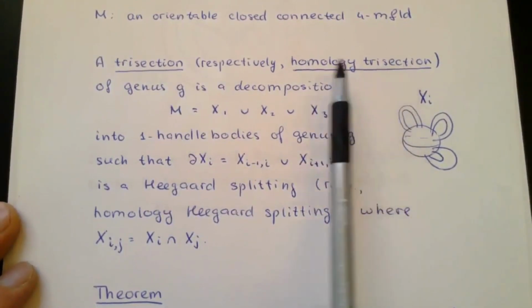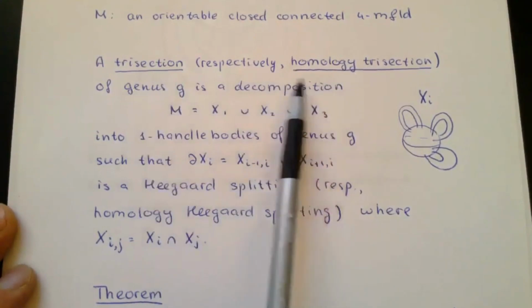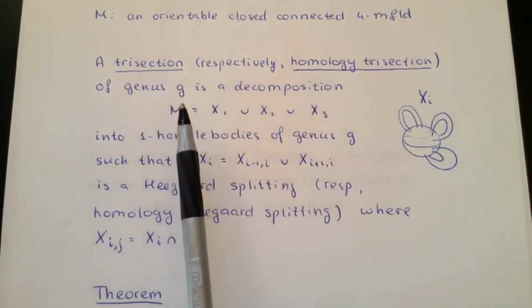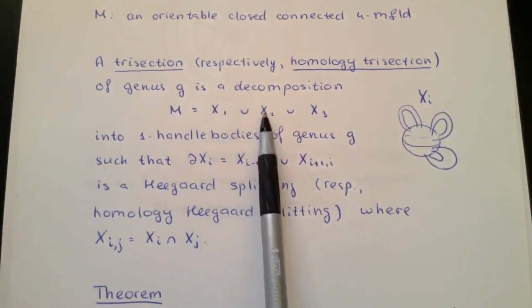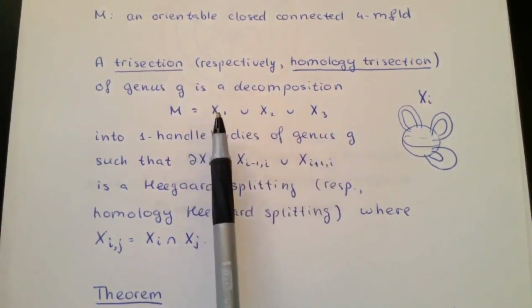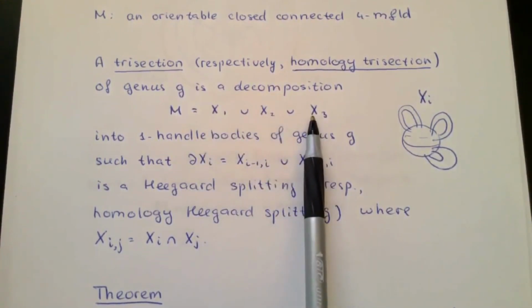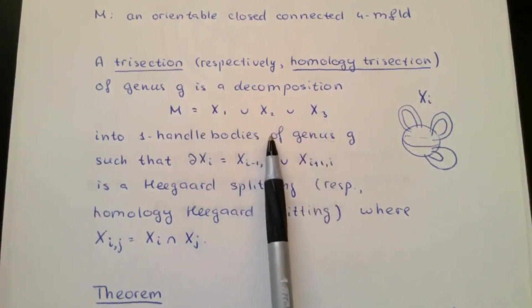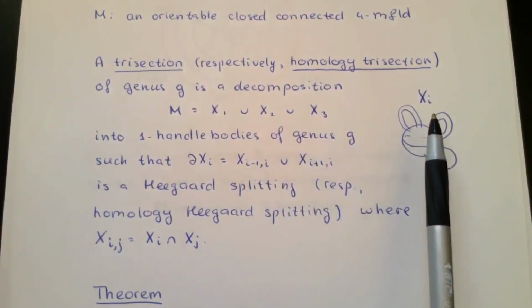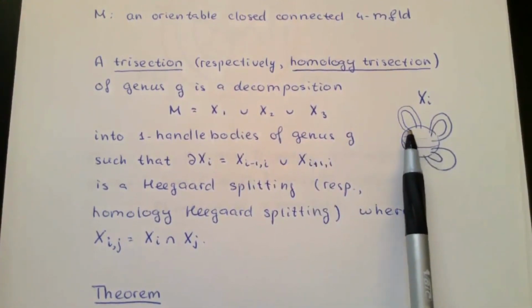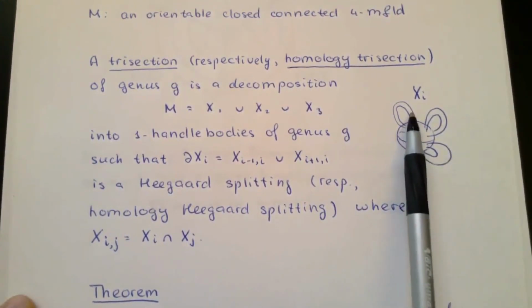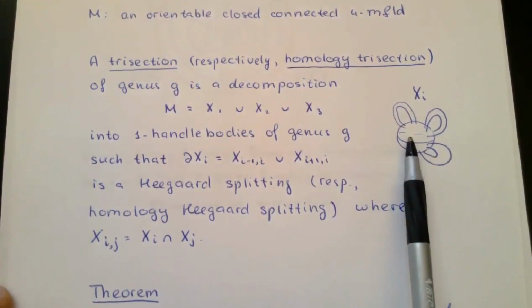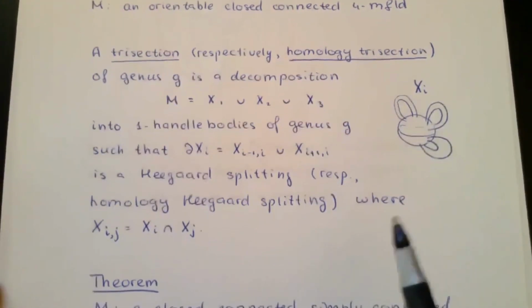In both cases, if a trisection or homology trisection is of genus g, it means that we have a decomposition of the manifold M into three four-dimensional pieces, X1, X2, and X3. These pieces, X1, X2, and X3, are four-dimensional one-handle bodies of genus g. So each of these X1, X2, and X3 are obtained by attaching one-handles to a zero-handle, which is a four-dimensional ball.